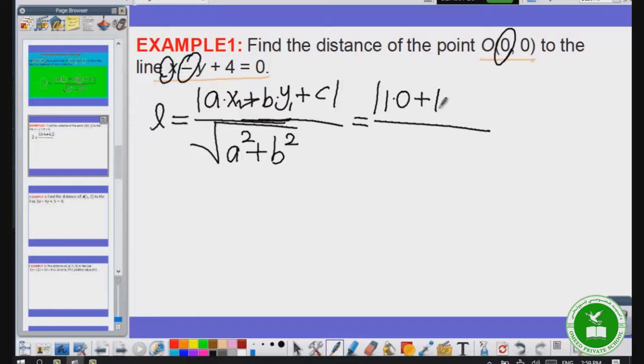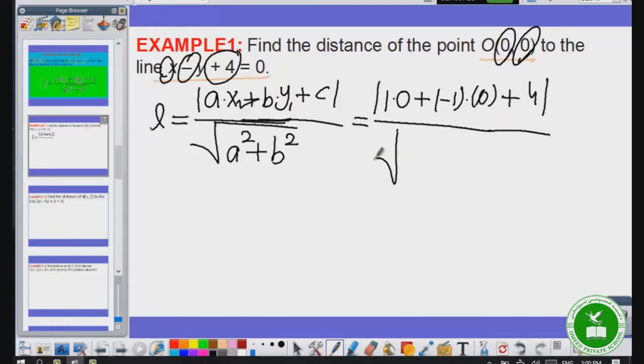That is minus 1. You see, minus 1 times y1, the y coordinate of the given point. Here it is 0. 0 plus C. C is the constant number in the equation of the line. That is 4.